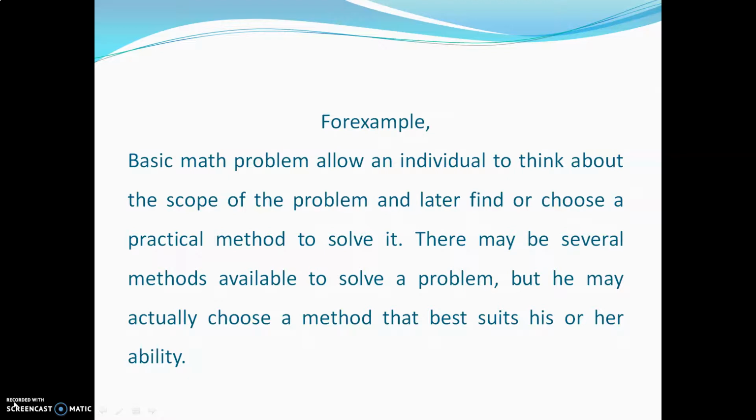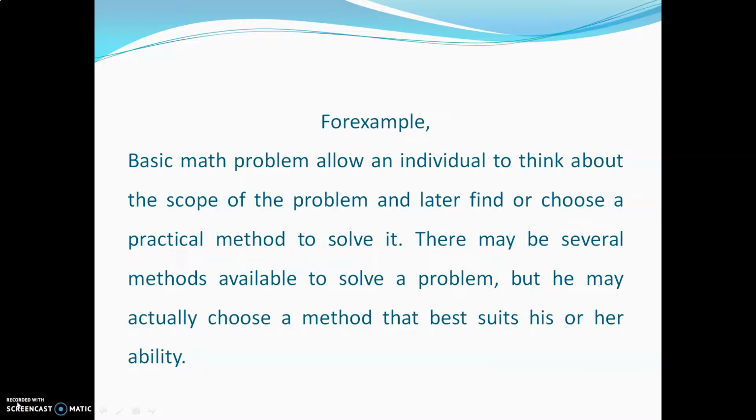First, we already discussed that the first stage is for planning. In this example, the planning stage is when we think about the scope of the problem. And the second stage is performance component. In this stage he finds a practical method to solve the problem. And the third stage is knowledge acquisition component.